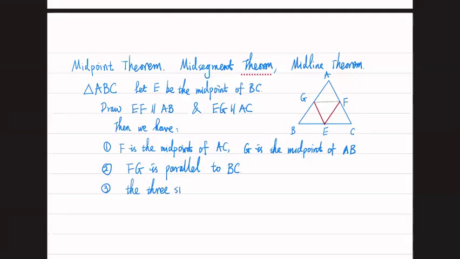Oh, maybe we can make it this simple. We just say GF is half length of BC, EF half size of AB, and EG half size of AC.